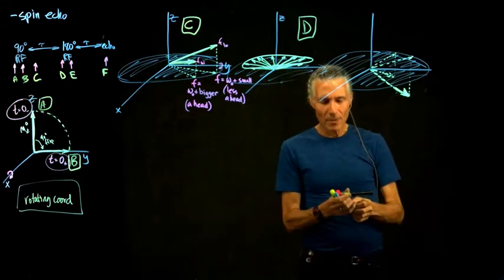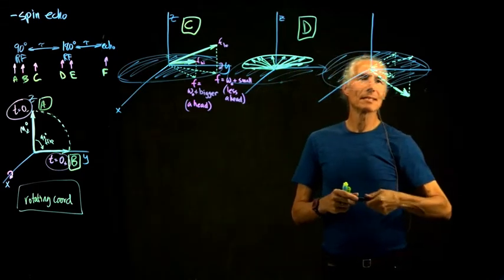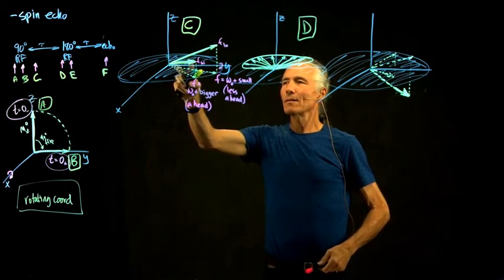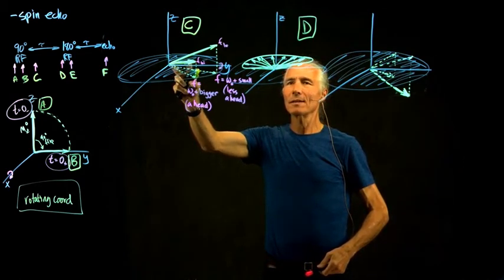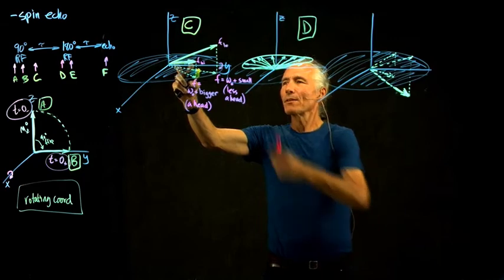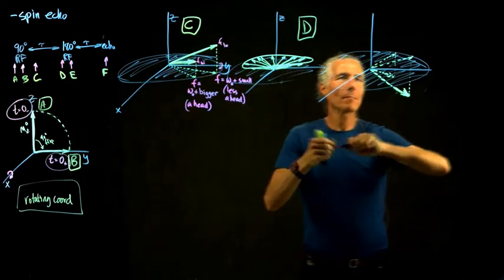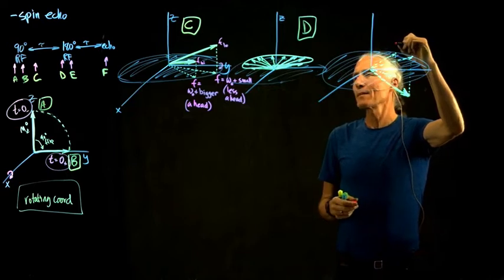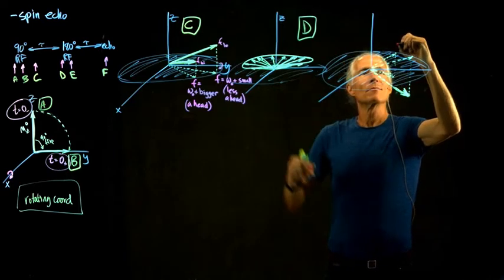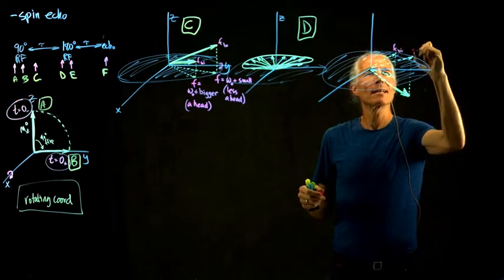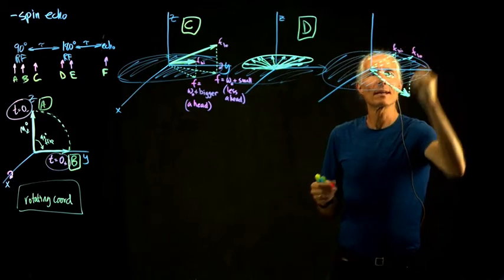So now you can see what's happened. The shorter guy here, shorter because it's foreshortened, when you flip this whole thing around 180 degrees, now ends up behind. This was the frequency high guy, previously ahead. Here's the frequency low guy.